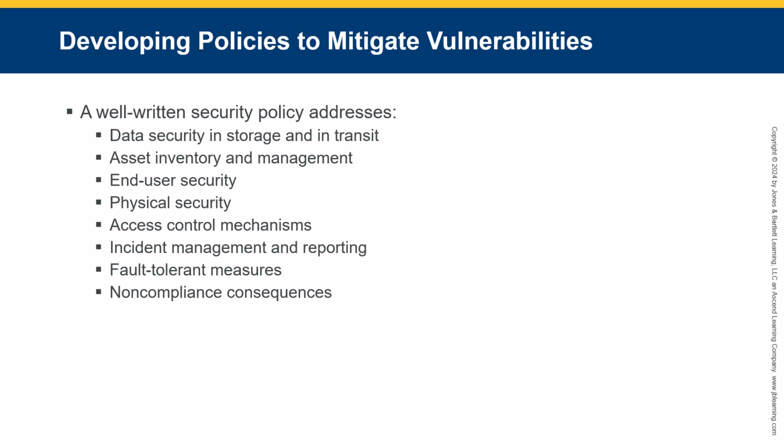There should be some form of fault tolerance measures in place, and there should be some form of non-compliance consequences for internal organization groups. Now, the organization may also face non-compliance consequences if they're not held to standards as well, so we do have to keep that in mind. Non-compliance consequences are both internal and external depending on your industry.